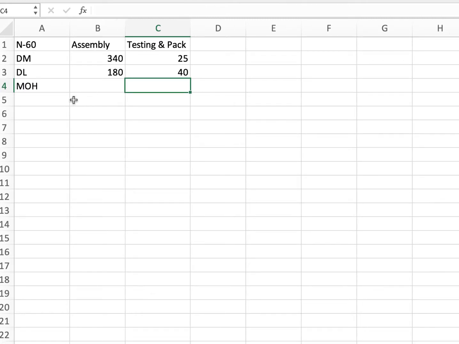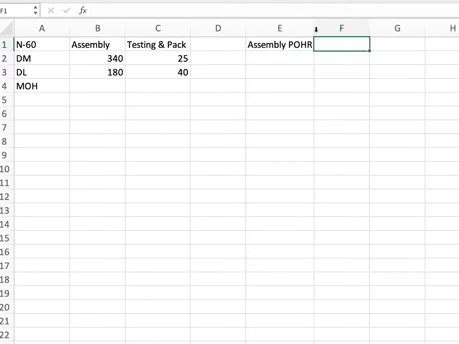For assembly, the predetermined overhead rate is $16. And the testing department also has a predetermined overhead rate. They already calculated it for us, of $12.